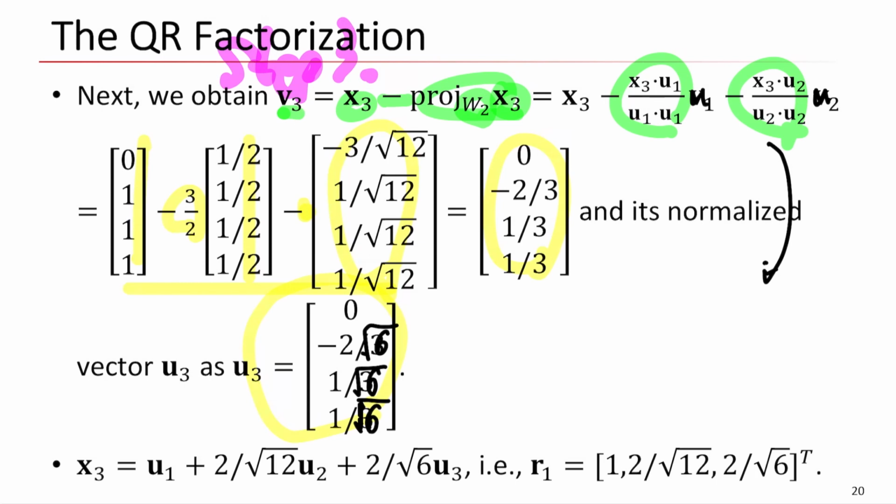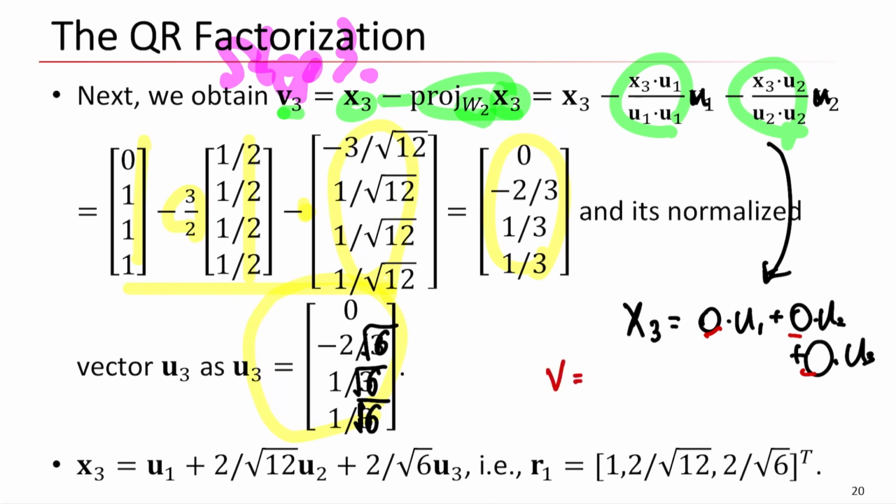So from here you can also represent the vector x3 in terms of u1, u2, u3, right? Actually you can compute this value by using the fact that v is the length of the v times u.